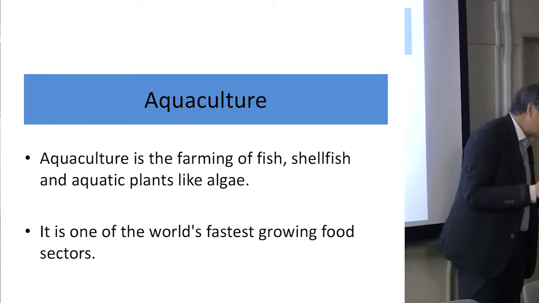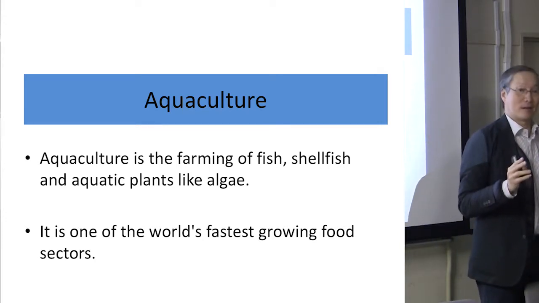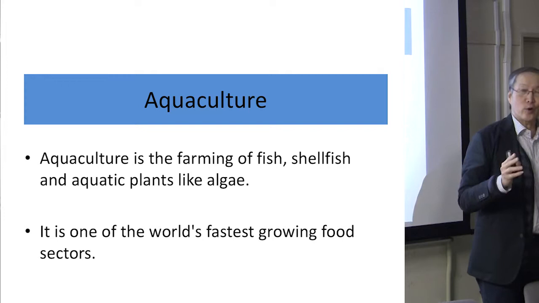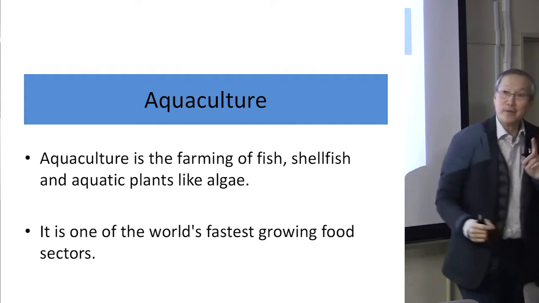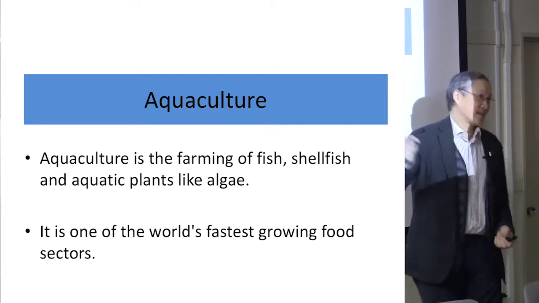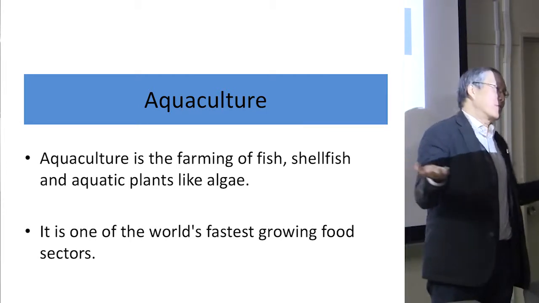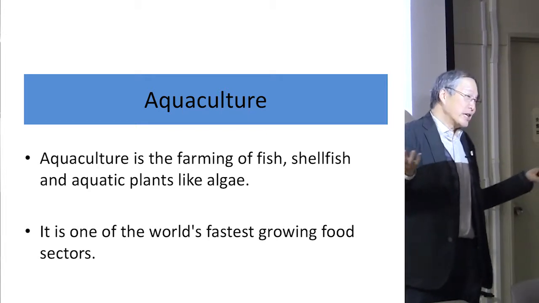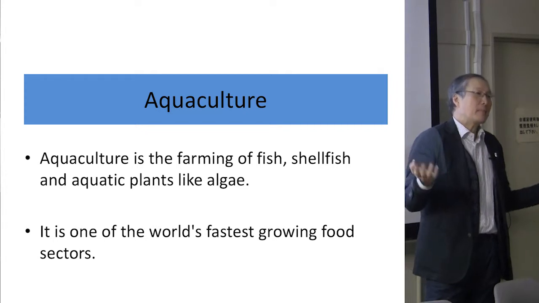It needs to have a very sustainable practice in order for this resource to last a long, long time. Remember fisheries? Many years ago, people did not care about fisheries. People just catch.